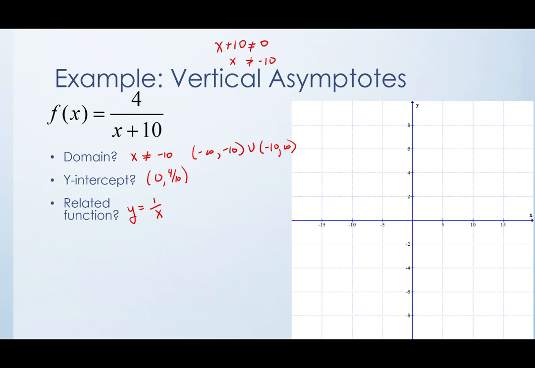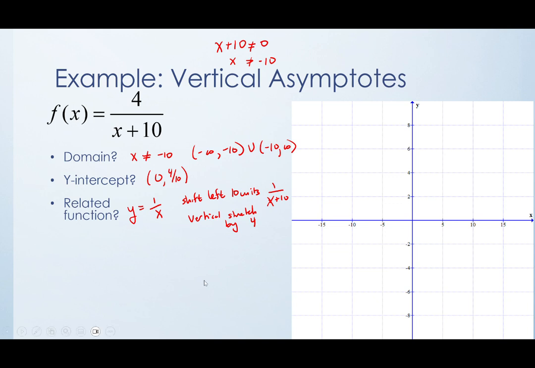And so we see from what we remember about transformations that we are shifting to the left 10 units. That's the 1 over x plus 10 part. And we also have a vertical stretch by a factor of 4. And that gives us the 4 over x plus 10.